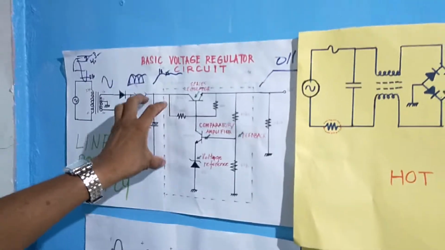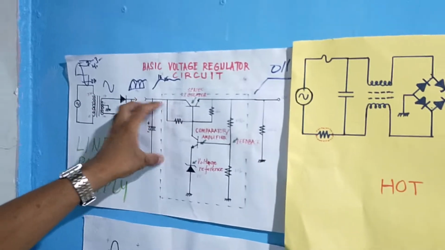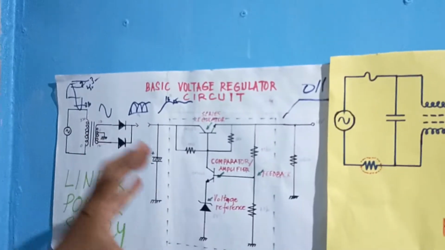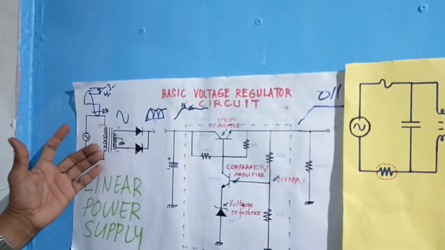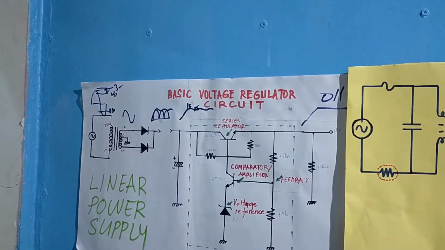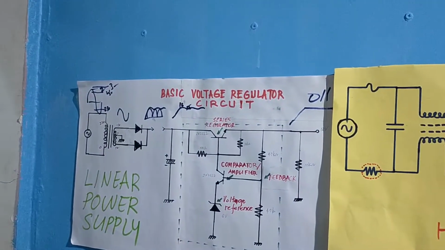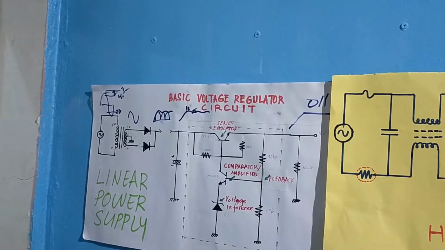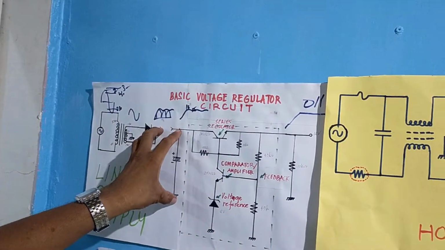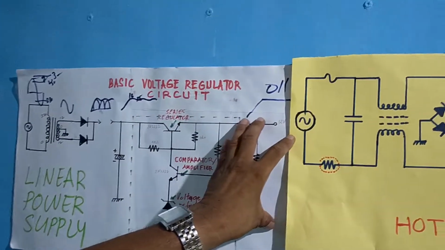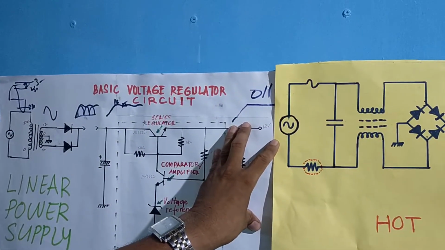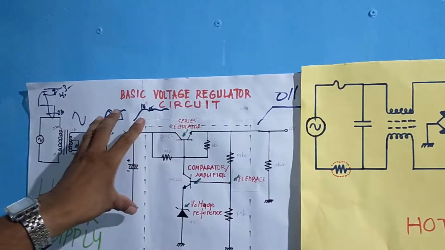So, despite the variation at the input, because the voltage across the capacitor is dependent on the voltage at the outlet, there are times that the voltage at the outlet increases and decreases every now and then. Despite the variation here, the voltage at the output of the regulator remains constant.